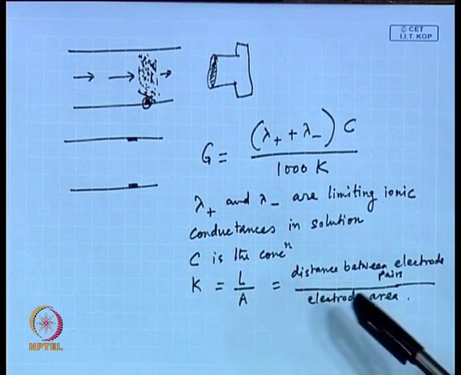So, by looking at this conductivity and by having a pre-calibration done, you can figure out which component is eluting from the channel at what time. All right, so you can identify the components.